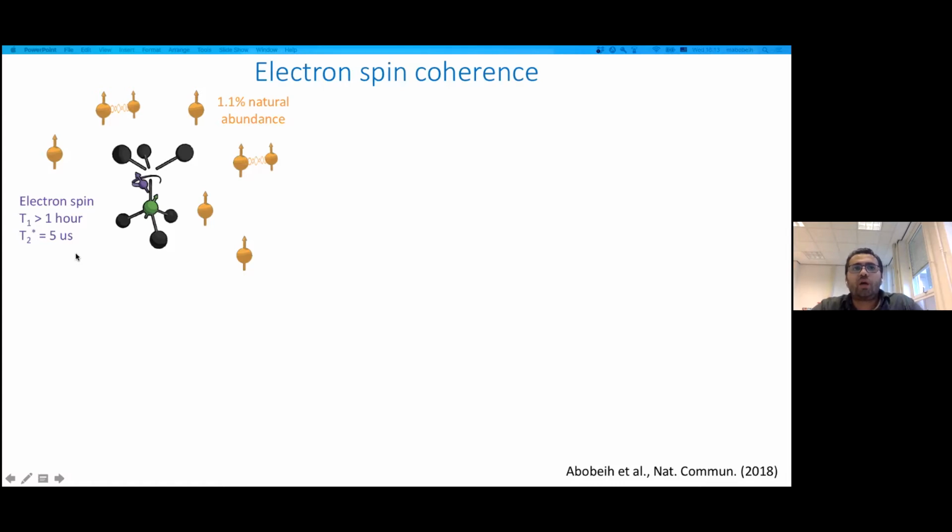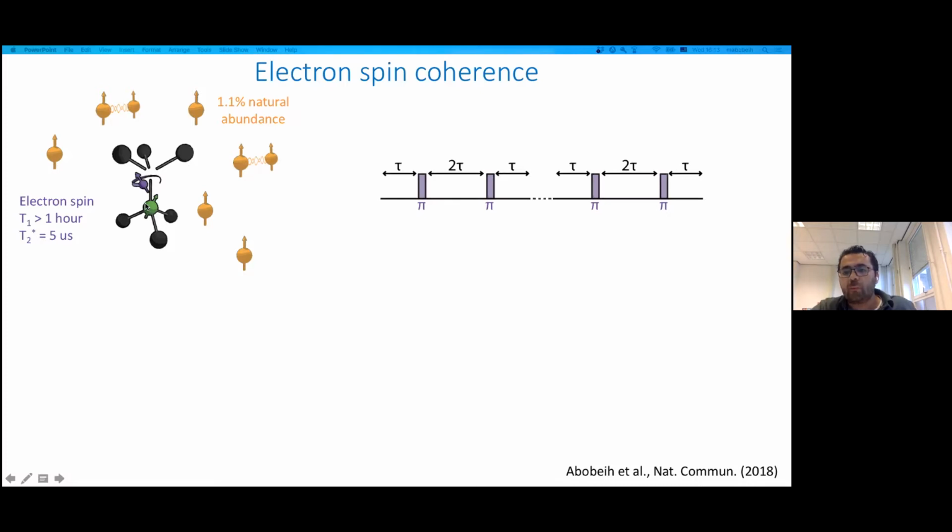So T2 star, which is the coherence time measured in a Ramsey type experiment, is roughly 5 microseconds for the NV center. But we can greatly enhance this coherence time by using dynamical decoupling sequences. We can decouple the electron from this nuclear spin bath by applying pi pulses back and forth, as shown here.